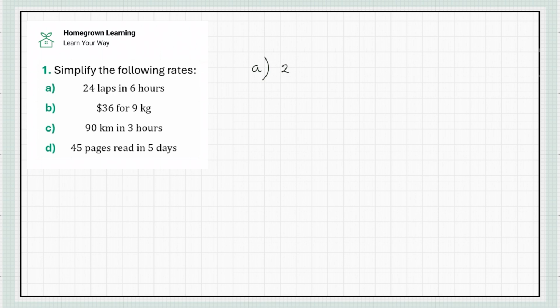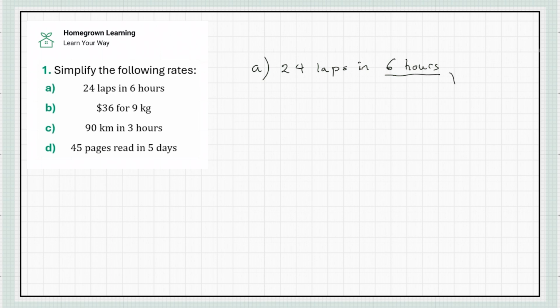So we have 24 laps in 6 hours. So just like with ratios, simplifying them is just dividing both sides or both units by the highest common factor. And we usually achieve this by dividing by this last unit here.